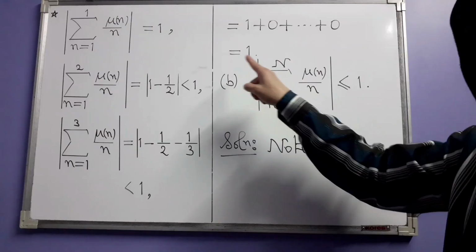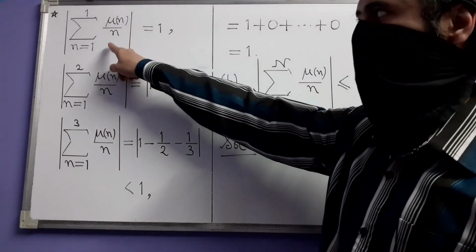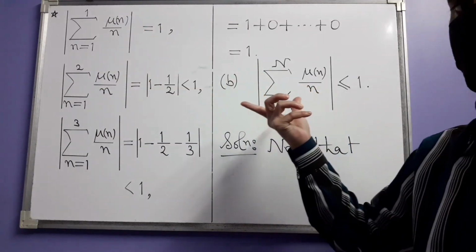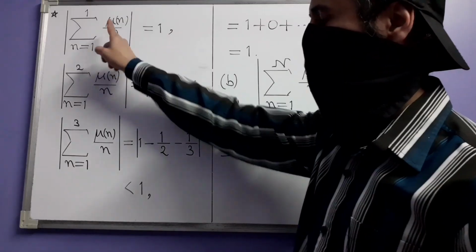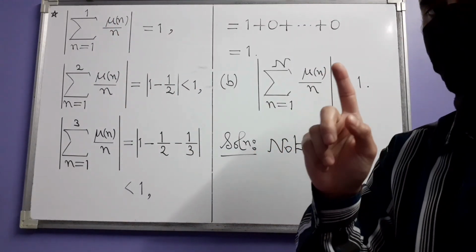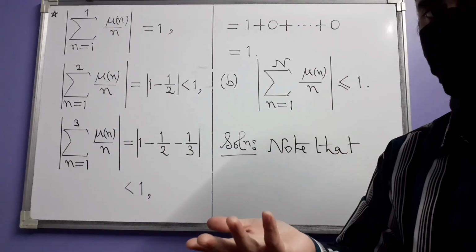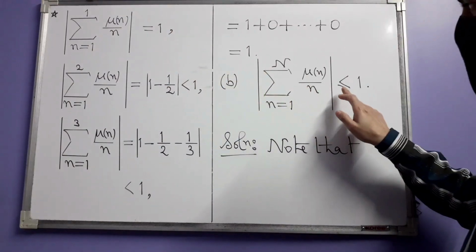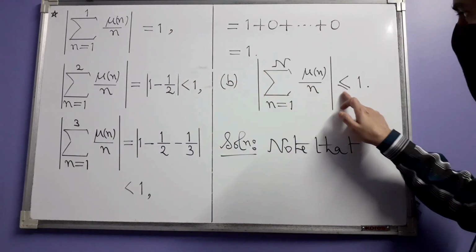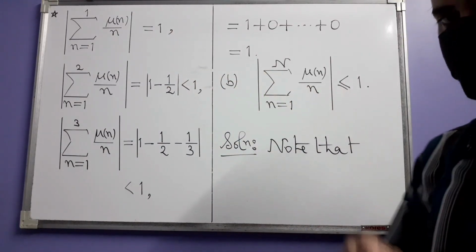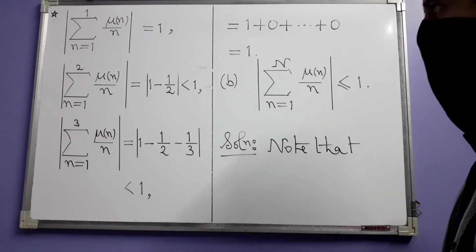So when capital N is 1, then this is our left hand side of this inequality, and this sum has only one term, mu of 1 divided by 1, which is equal to 1. So in this case we are getting equality. So that justifies the presence of this option for equality.